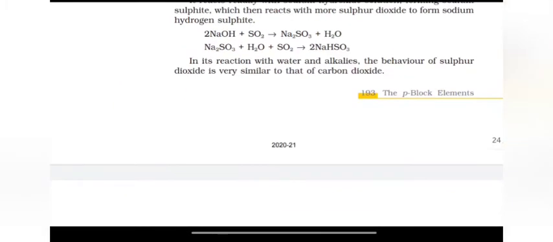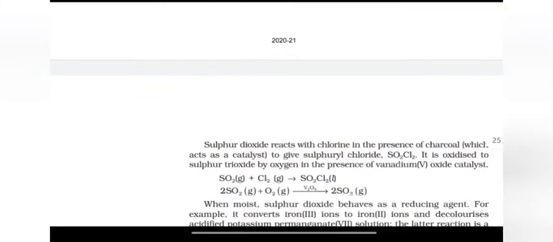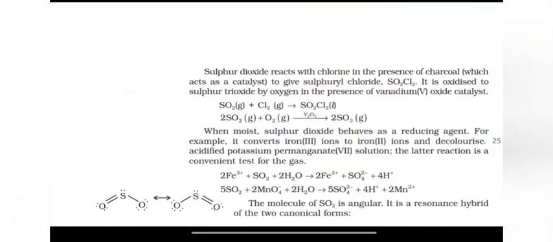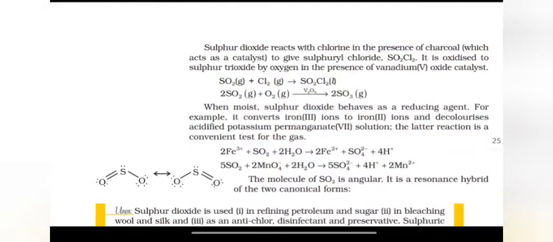In its reaction with water and alkalis, the behavior of sulfur dioxide is very similar to that of carbon dioxide. Sulfur dioxide reacts with chlorine in presence of charcoal to give sulfuryl chloride, SO2Cl2. It is oxidized to sulfur trioxide by oxygen in the presence of vanadium oxide catalyst.